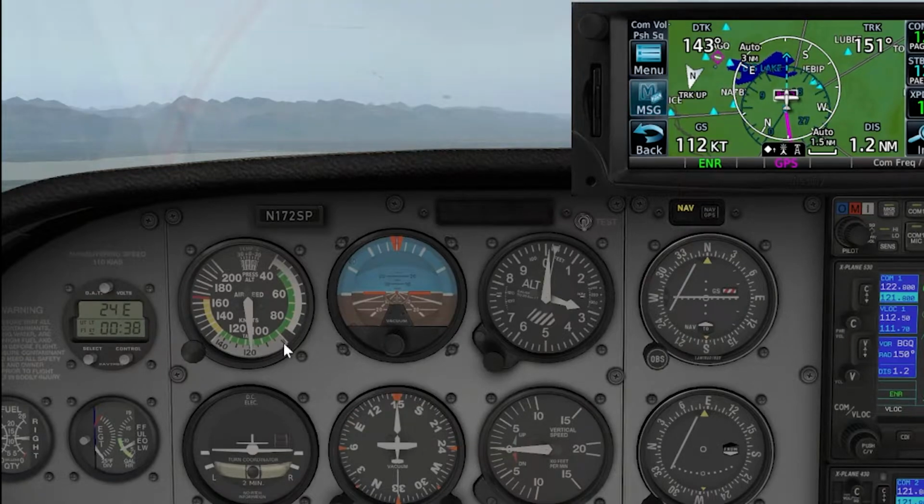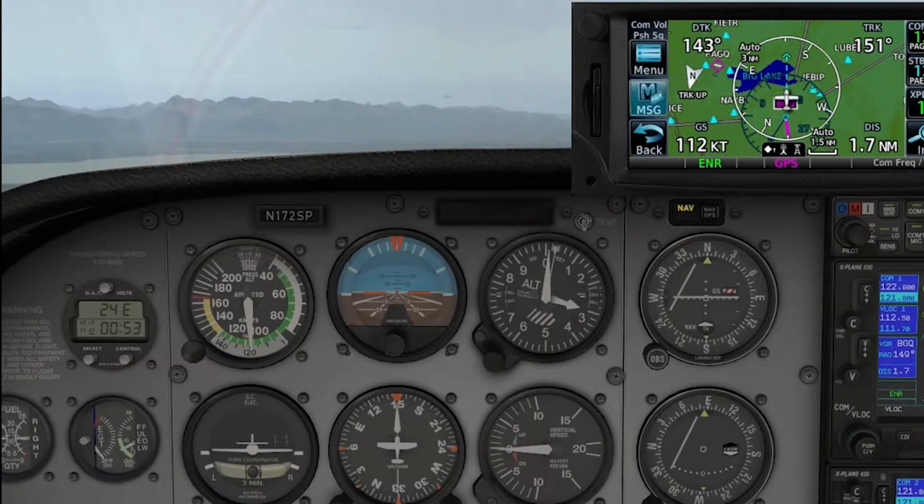Once we hit 1 minute, we're going to turn. Because it's a right-hand turn teardrop entry, it's the same turn right. So we're going to turn right to a heading of 360. 58, 59, 60.